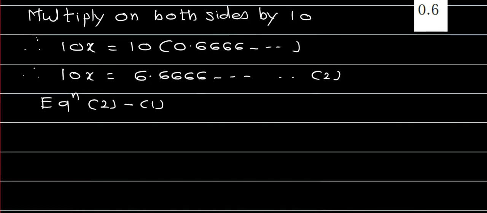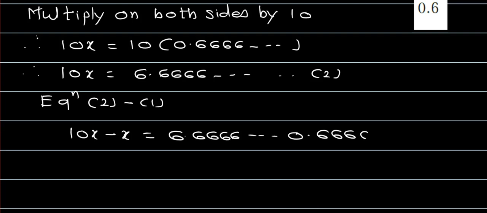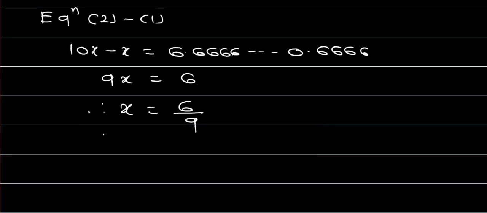Then we will get 10x minus x equals 6.666 minus 0.666. That is 9x equals 6. Therefore x equals 6 upon 9, that is 2 upon 3.